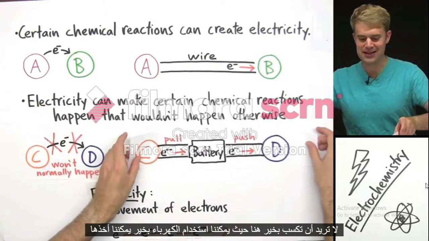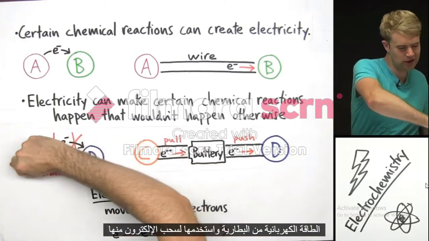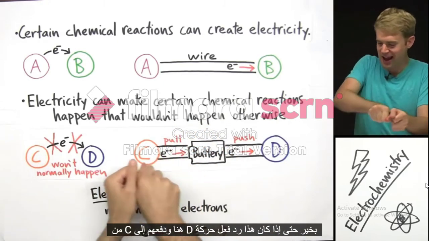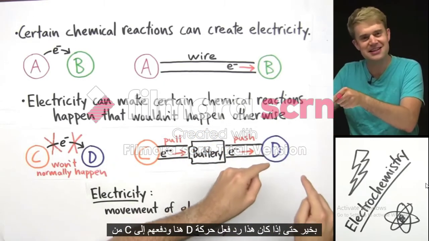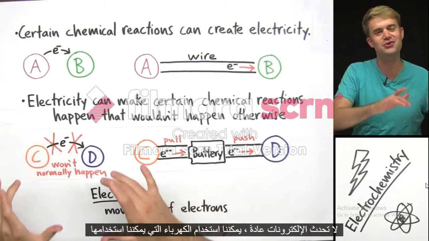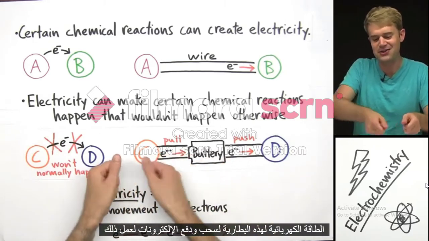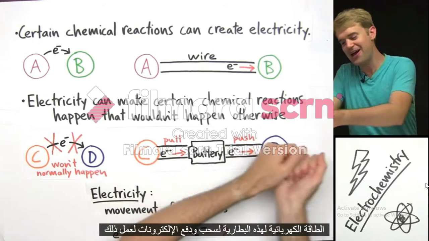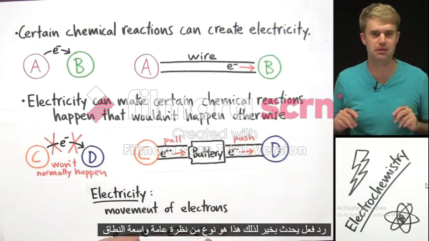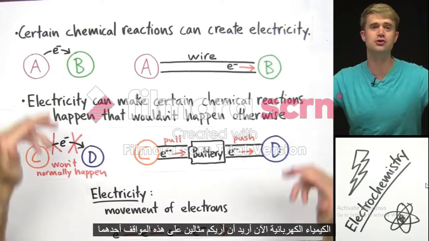We can take the electrical energy from a battery and use that to pull the electrons from C and to push them to D. So even if this reaction, the movement of electrons, doesn't normally happen, we can use the electrical energy of this battery to pull and push the electrons to make this reaction happen. Okay, so this is a broad, big picture overview of electrochemistry.